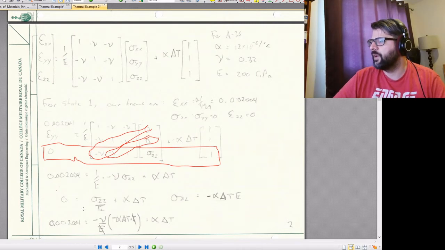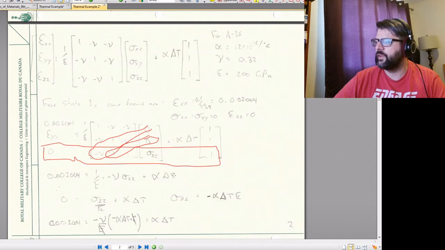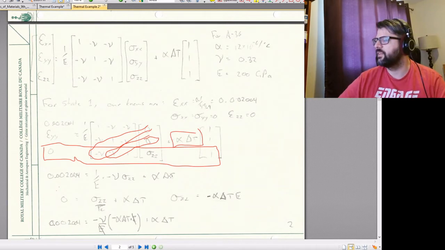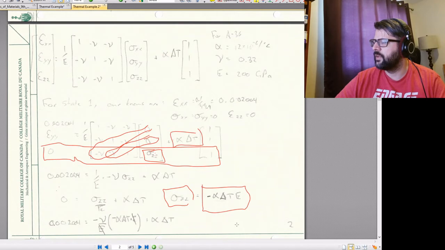So we end up with just the strain, which is 0 total, is equal to the stress in the z direction divided by E plus the thermal expansion times the coefficient of thermal expansion times the delta T. So we're able to solve for our z direction stress in terms of the delta T.